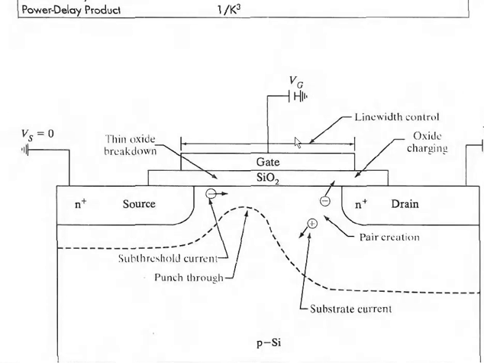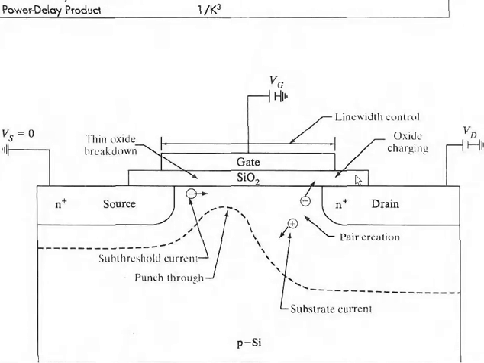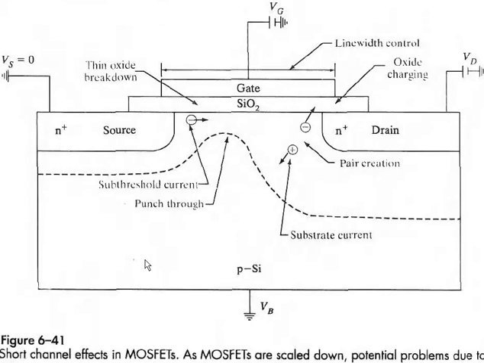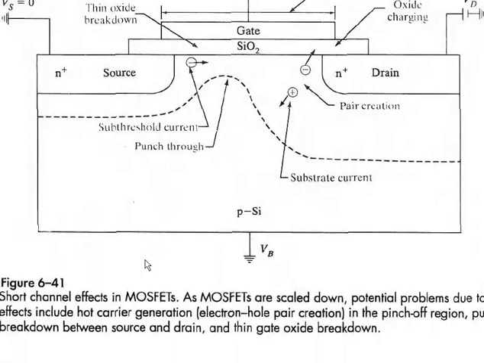That contributes to gate current, and some of them are trapped in the SiO2 layer, which causes oxide charging. So it will cause the punch-through effect, increase substrate current, degrade the subthreshold slope, and also increase the threshold voltage. So this is the short channel effect.